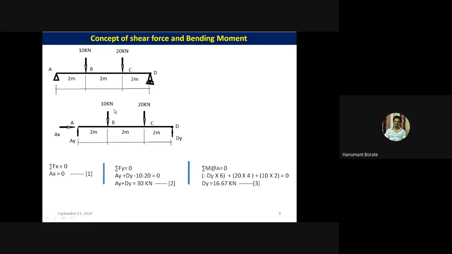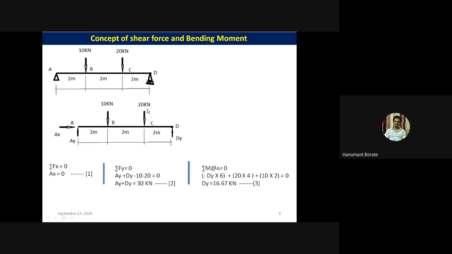Now moment of this 10 kilonewton force about A: 10 into 2, and the distance is 2 meter, right? So 10 into 2, and this is a clockwise moment. Treat clockwise moment positive, anti-clockwise moment negative.